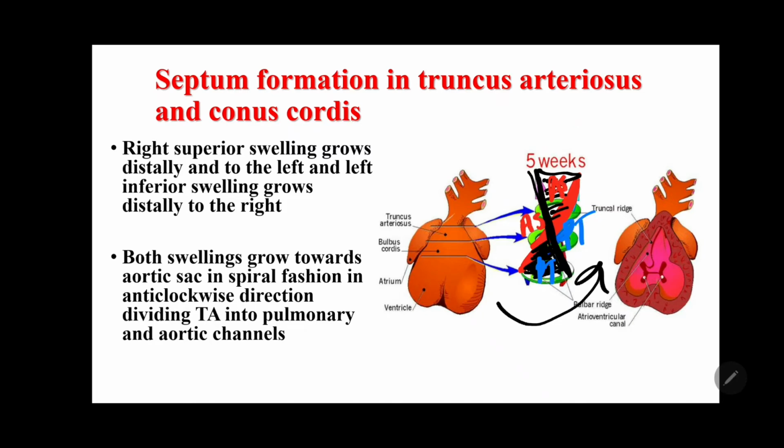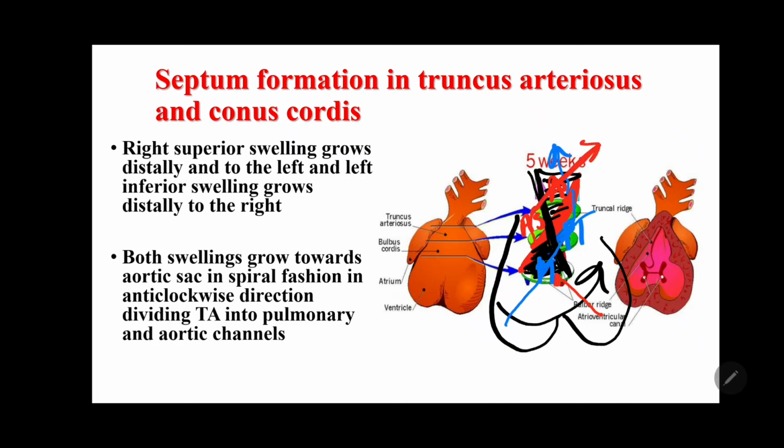So if you see, this is a right ventricle and this is a left ventricle. The blood from the right ventricle is going into the pulmonary trunk, then goes posteriorly, whereas the blood from the left ventricle goes into the aortic vestibule, then comes here, then comes like this.